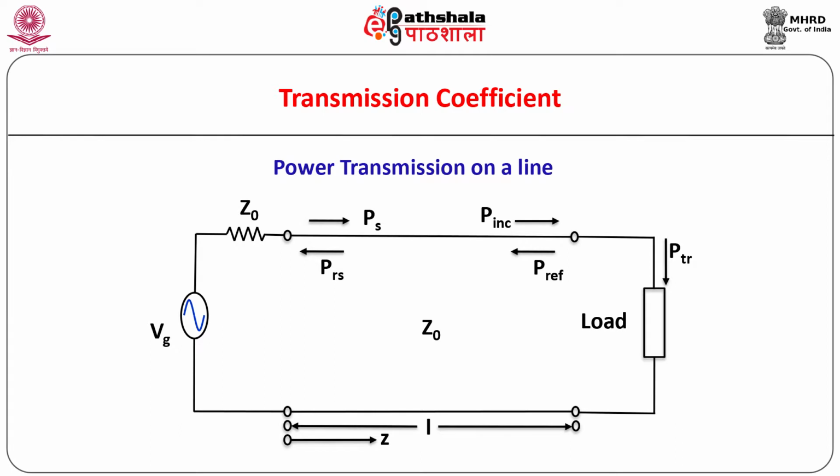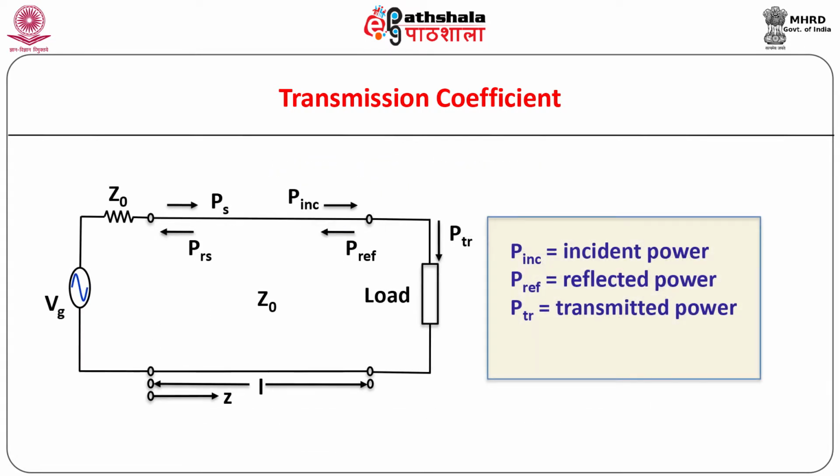Consider a two-wire transmission line of length L having characteristic impedance Z0, along which the power is being transmitted from the generator end, also called the source end, towards the load end, that is the receiving end, as shown.